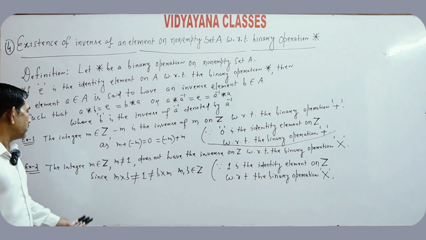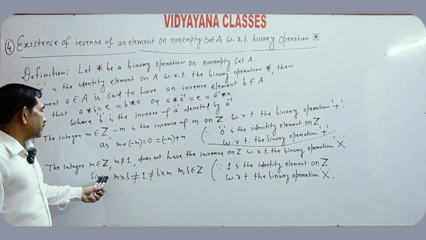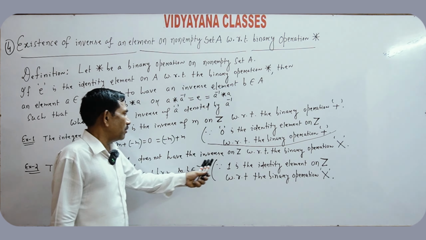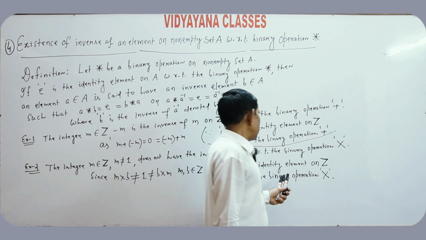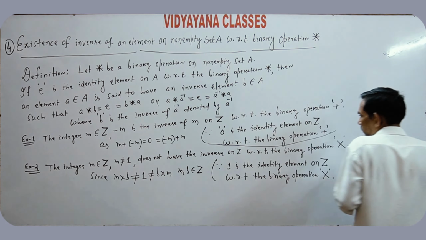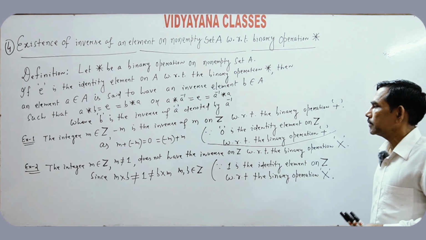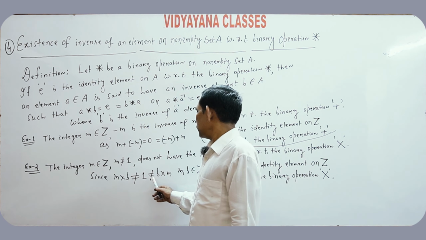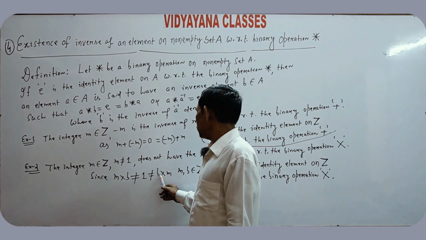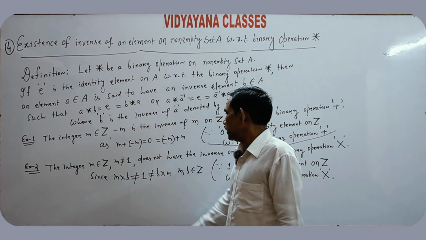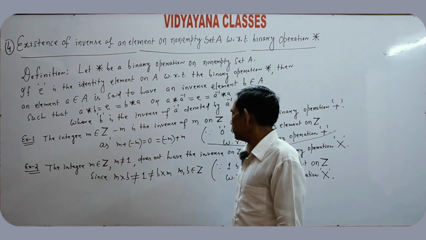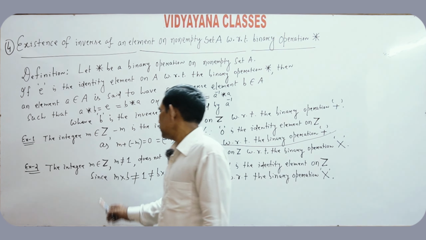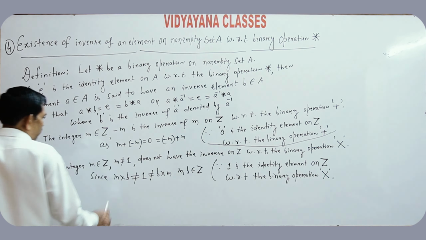That means the inverse does not exist on Z with respect to the binary operation multiplication. Since mb is not equal to 1, which is not equal to b into m, b is not the inverse of m. mb belongs to Z. It is only possible when m is equal to 1.